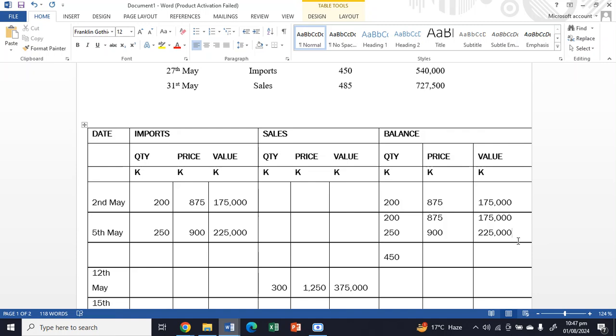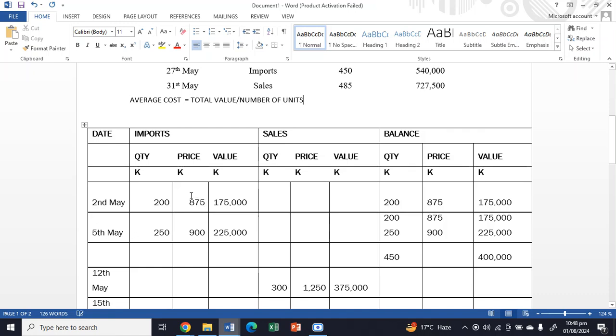We get 400,000. So the average cost of the goods, let me put the formula here. Average cost is the total value divided by number of units.